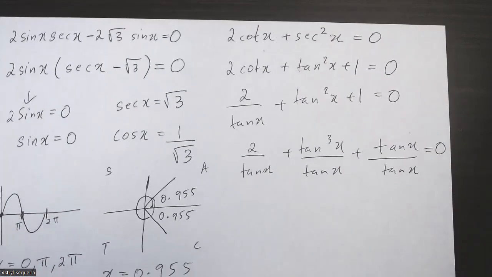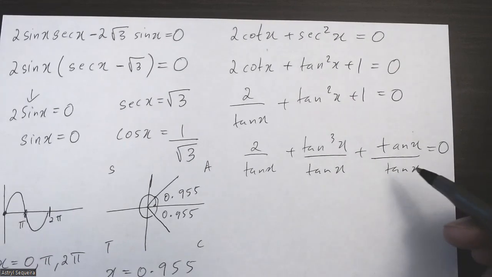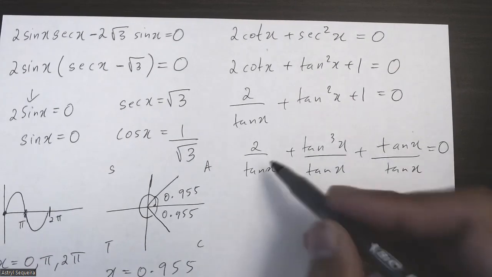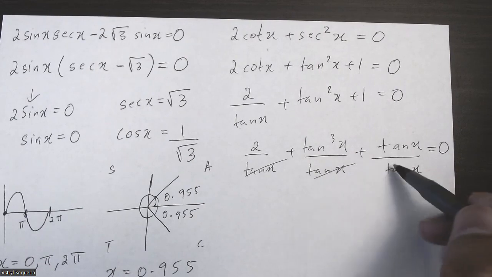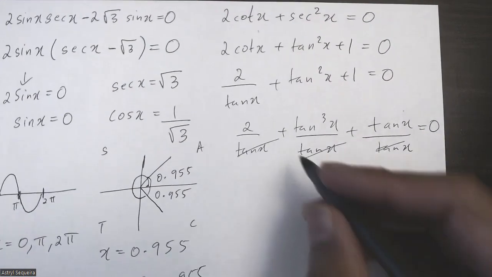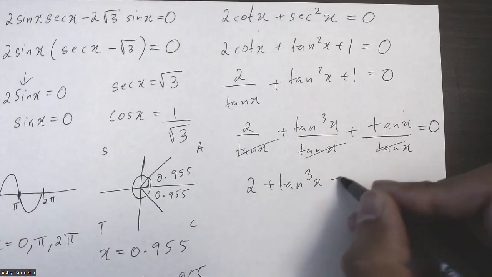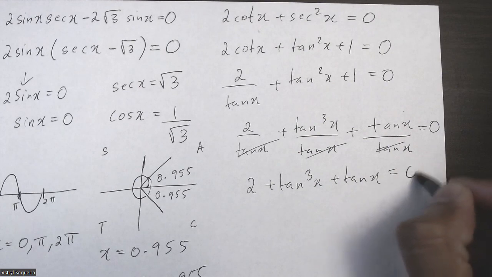The other side is 0; 0 times tan x is that. And now I can cancel off all my denominators because they'll just all multiply with 0 on the other side and the denominator will disappear. I'm just left with 2 plus tan cube x plus tan x equals 0.